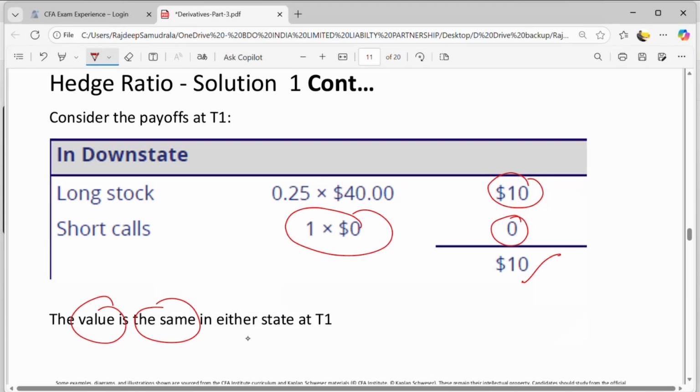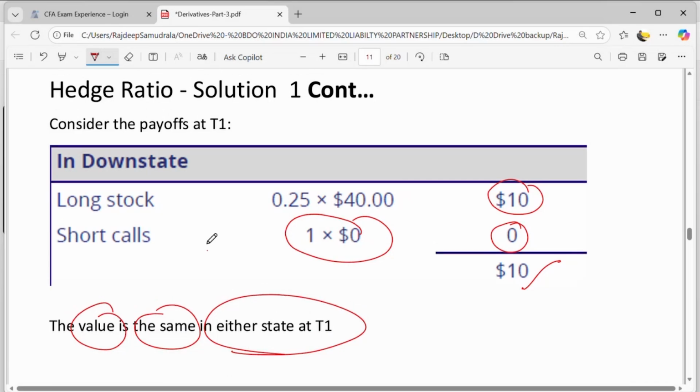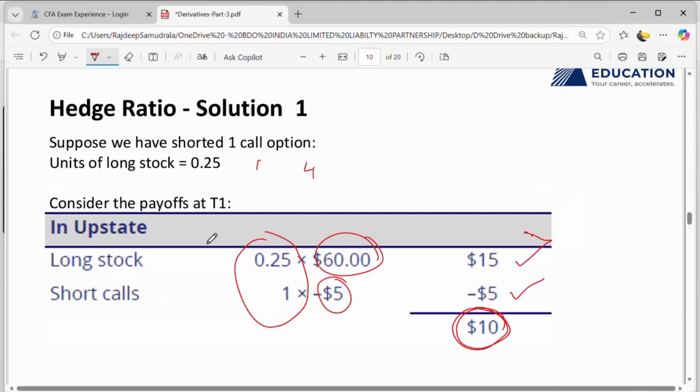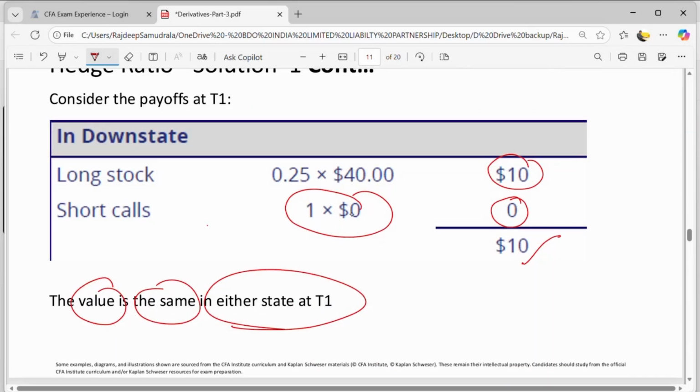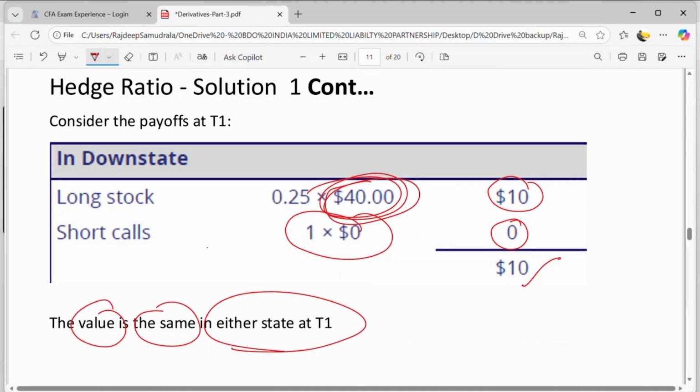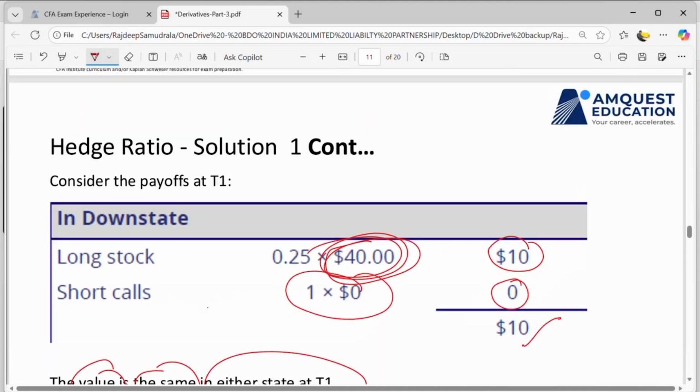The same value, $10 on both sides. Now you will wonder about going beyond this. You can't say 55 instead of 60, or 45. You need to stick to only 60 and 40, because this entire formula is based on the 60-40 mix. Clear? So this is the ratio which gives you the same answer no matter what.